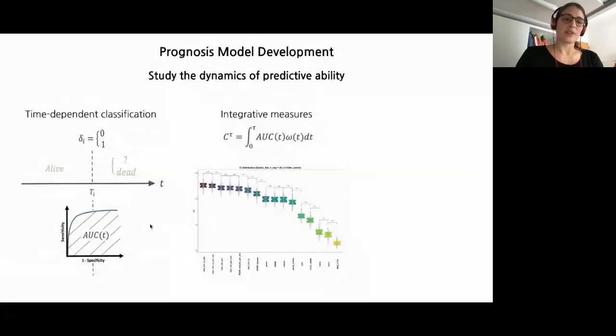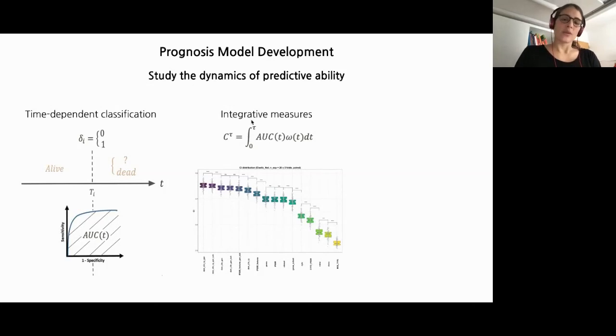And this time-dependent classification can be evaluated with time-dependent ROC curves, for example, where we look at the AUC across time. Typical integrative measures used to evaluate prognosis models include the C-index, which is a weighted average of the time-dependent AUC, weighted by the inverse probability of censoring.